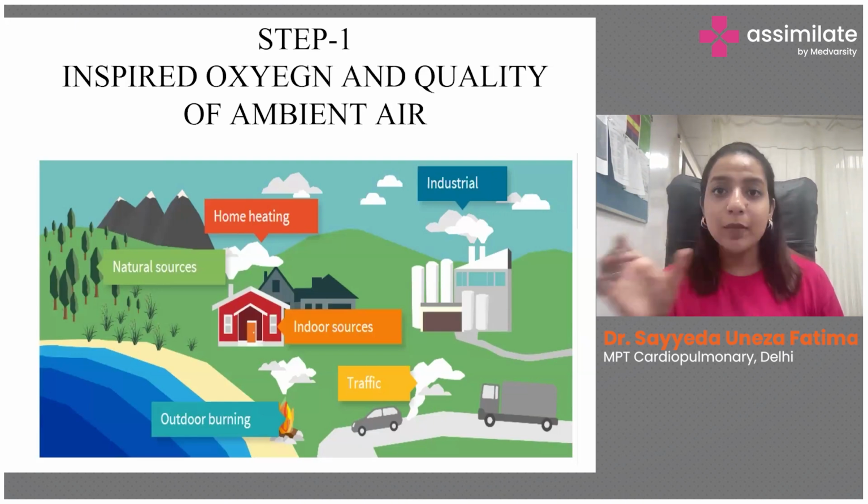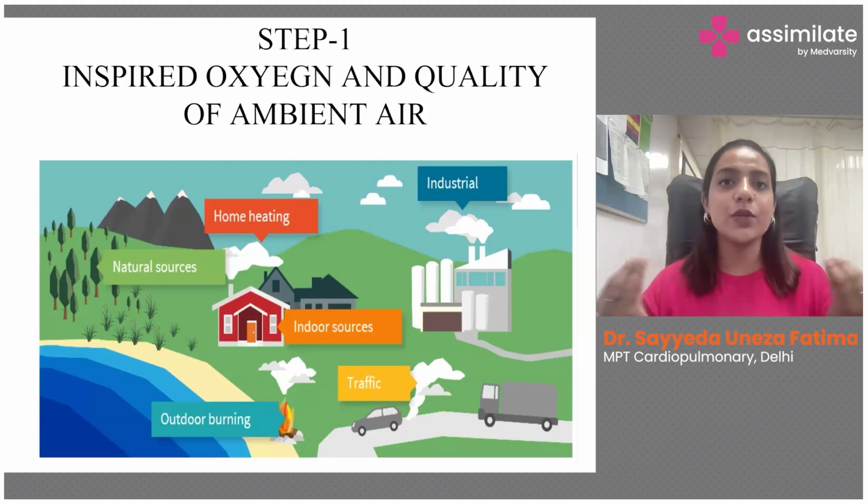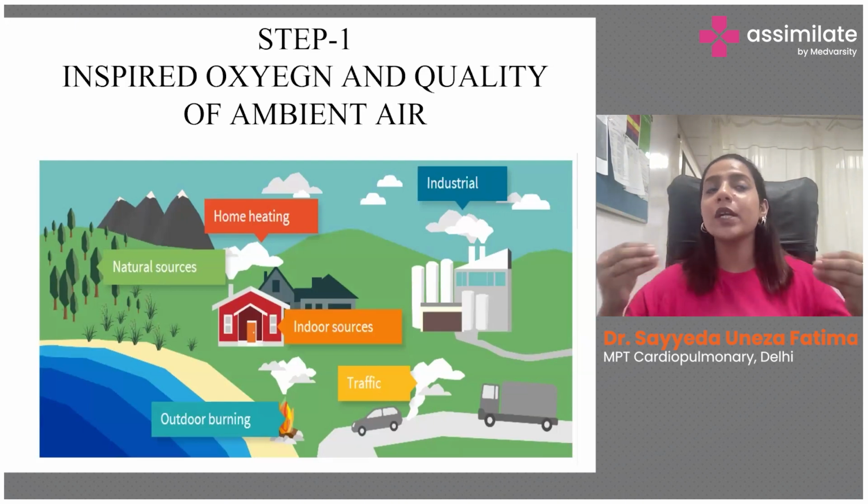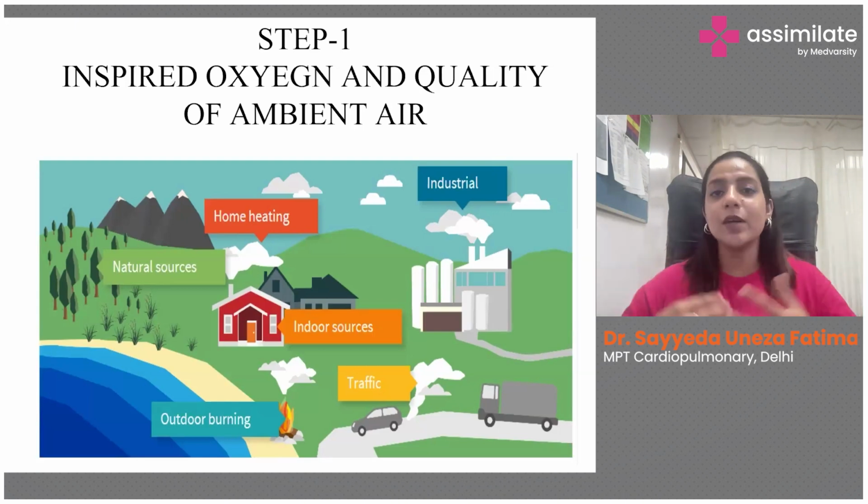After acclimatization, that is certain adaptation of our body to that high altitude environment, the RBCs in the body increase so that they can bind to the oxygen and the oxygen can be supplied to the whole body. So basically we need to have appropriate content of oxygen in the environment that we are breathing in.